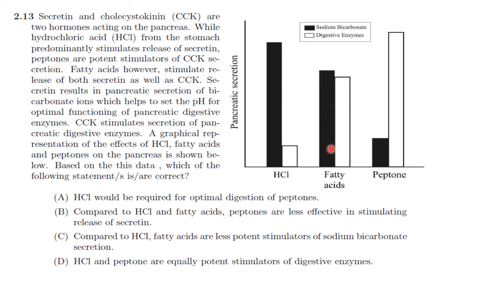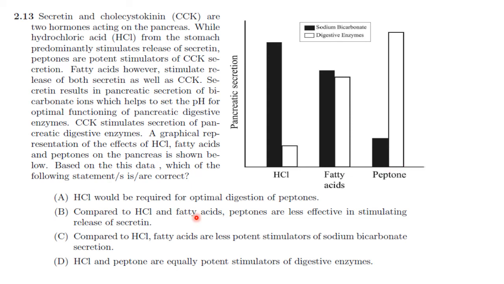So for fatty acid also there is an increase in the bar graph of sodium bicarbonate secretion by the pancreas. Then peptones, they don't stimulate secretion of secretin, but they stimulate the secretion of cholecystokinin, which will stimulate production of pancreatic digestive enzymes.